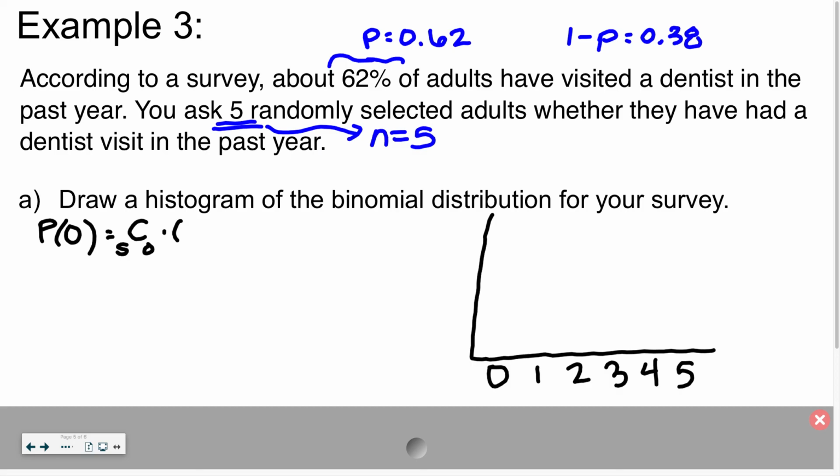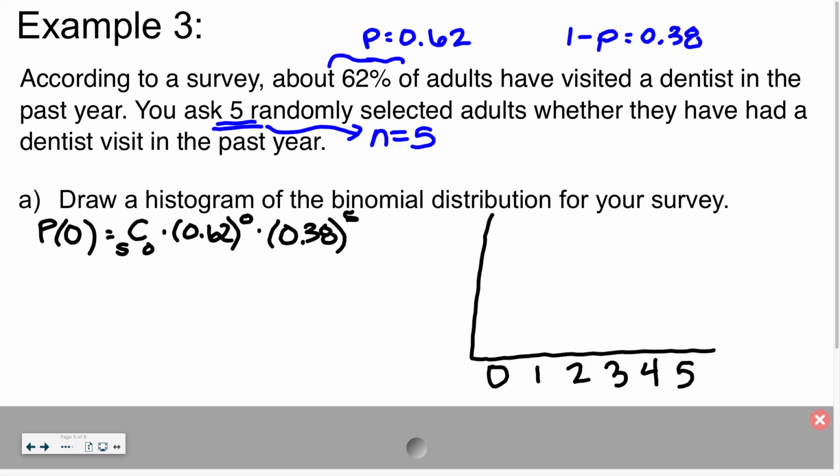Then I multiply by my probability of success, 0.62, raised to the number of successes, 0, times my probability of failure, which you told me was 0.38, raised to 5 failures. This would mean that all 5 people said no, I didn't go to the dentist.